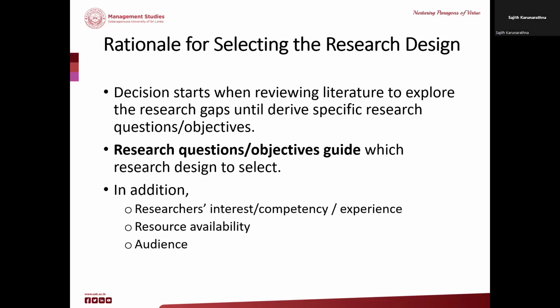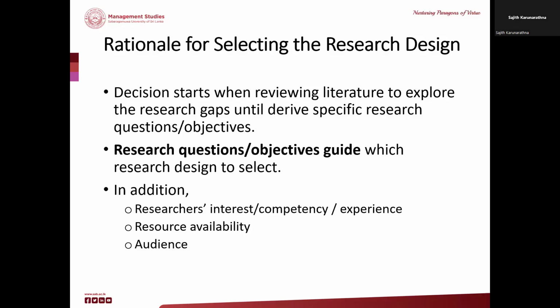But there is a problem here. There is a significant deviation, because it is not in line with the research question. Selecting the research design, then changing the question to suit the design, is what we are doing today.